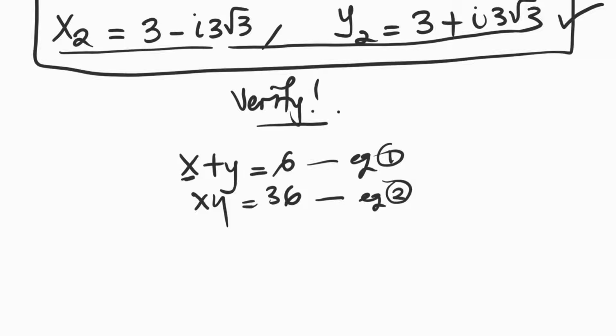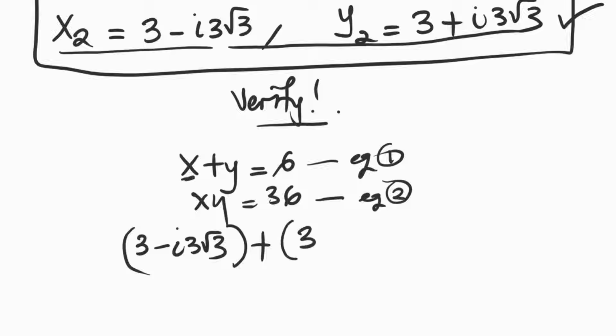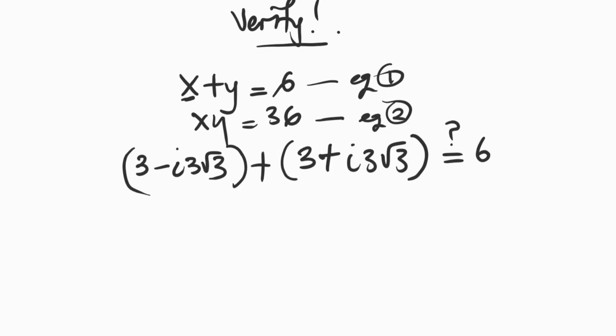x2 is 3 minus i3√3, plus y2, which is 3 plus i3√3. We're trying to see if this is equal to 6. Because this is a plus sign, the plus multiplies through.